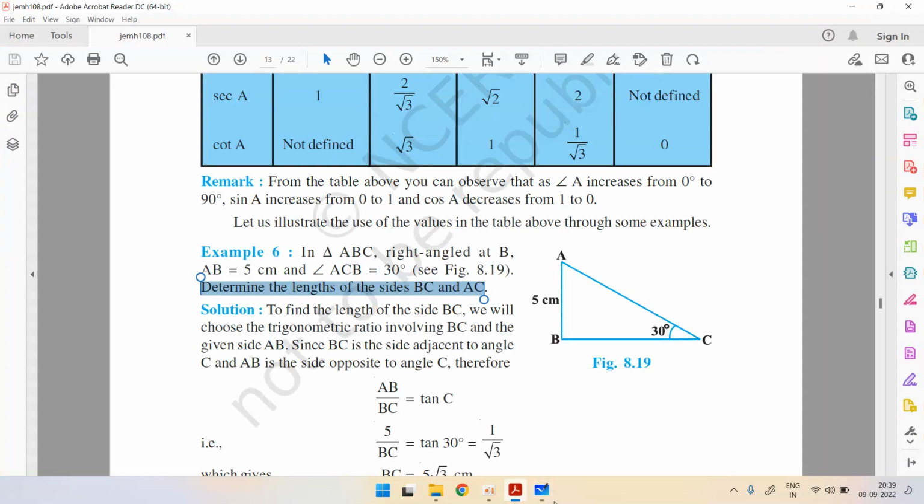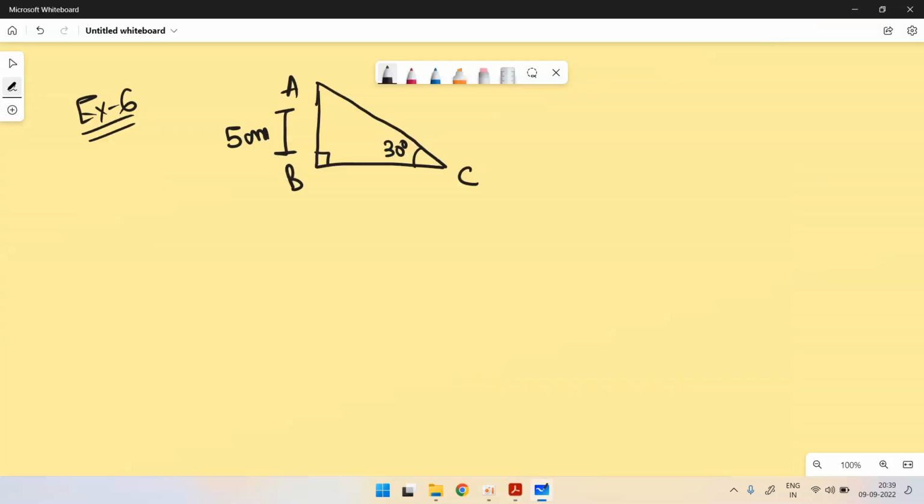Determine the sides BC and AC. You need to find these sides. Now, how to do this question? We know that according to this angle, this will be my perpendicular, this will be my base, this will be my hypotenuse.